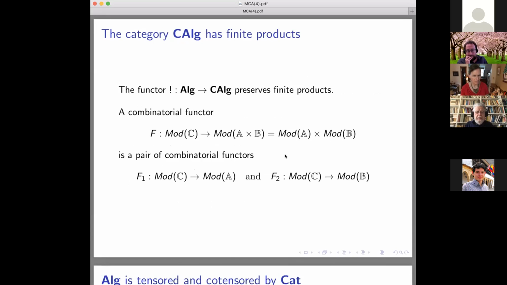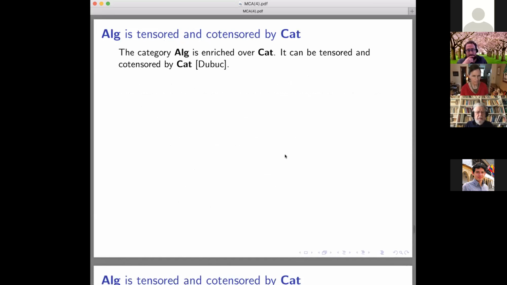It takes the Cartesian product of algebraic theories into the Cartesian product in the bigger category. That's because the category of models of A times B is the product of the categories of models of A and B. So that's a simple observation.